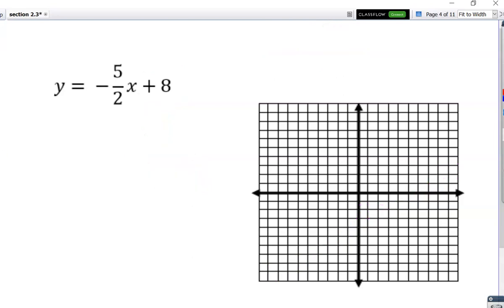A second equation, I should say, we have y equals -5/2 x plus 8. So again, 8 is our y-intercept. We start on the y-axis at this number. And this time our slope is negative, so that means instead of going up 5 and to the right 2, we are going to go down 5 and to the right 2.